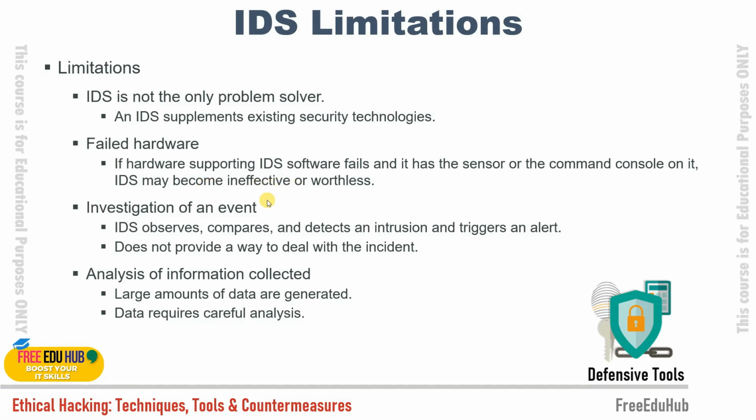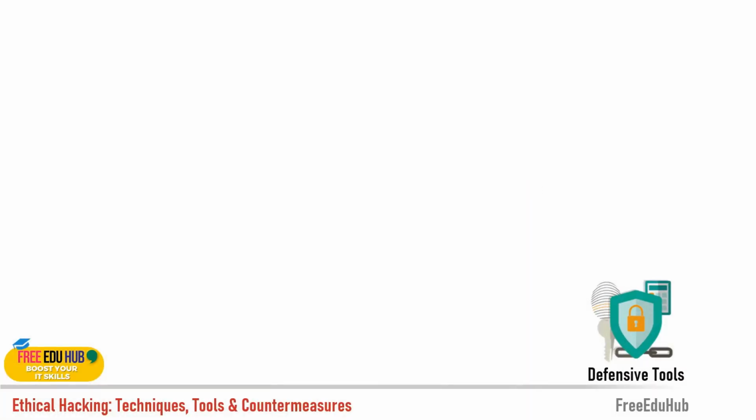Then, investigation of an event: the IDS observes, compares, detects the intrusion and triggers an alert, but it does not provide a way to deal with that incident because it is just an intrusion detection system. It's not a prevention system to take appropriate measures. Analysis of the information collected: a large amount of data is generated, and the data requires careful analysis so that we can take action on the information collected by IDS systems.